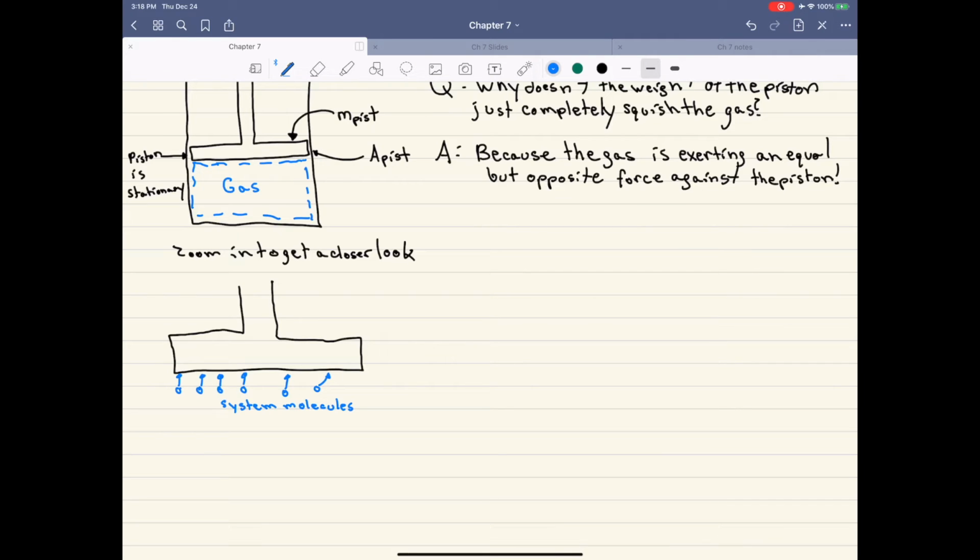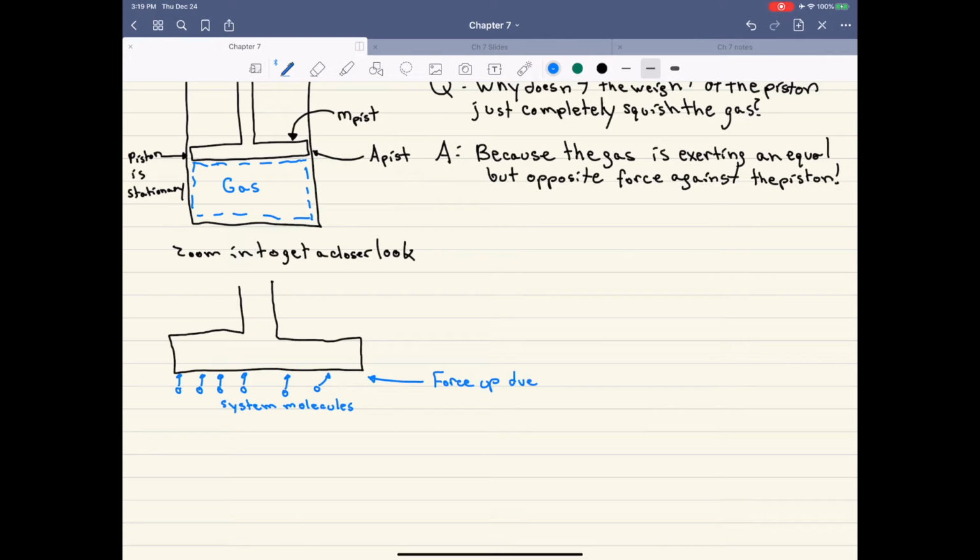Because these gas molecules are bouncing all around and bouncing up, they impart a force upwards against that piston.